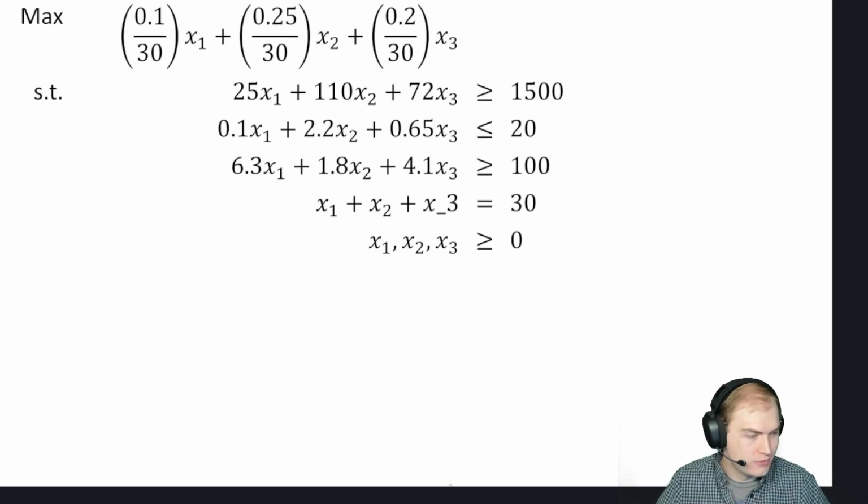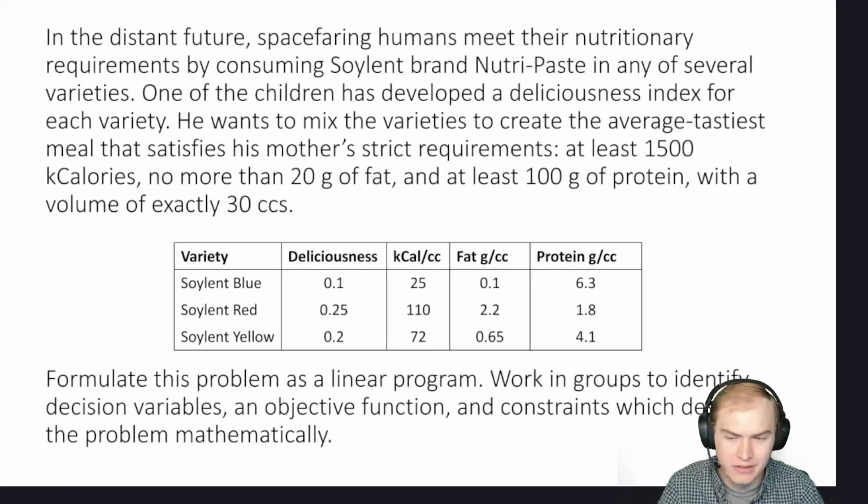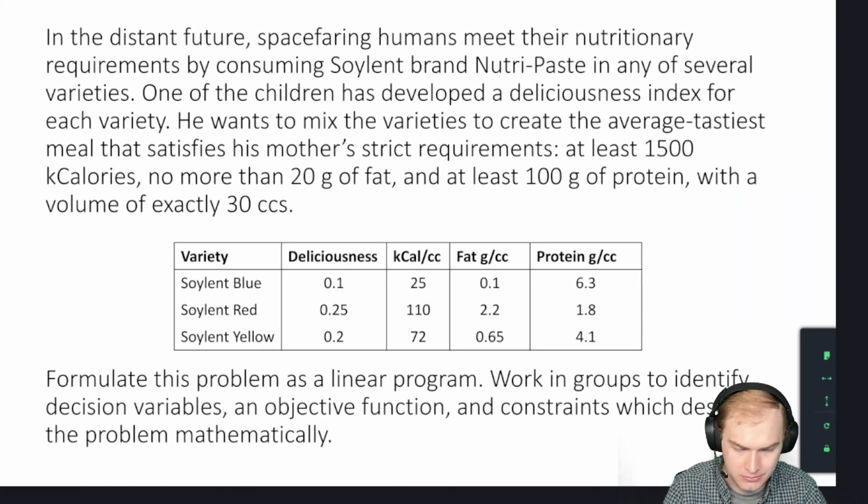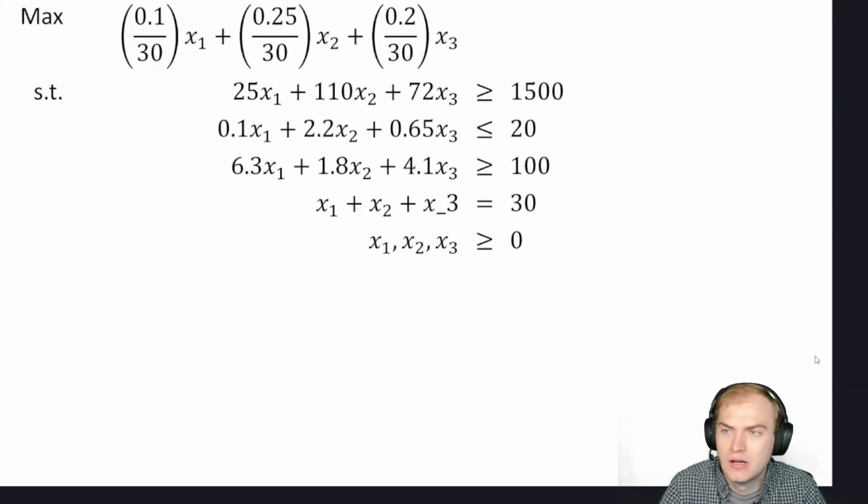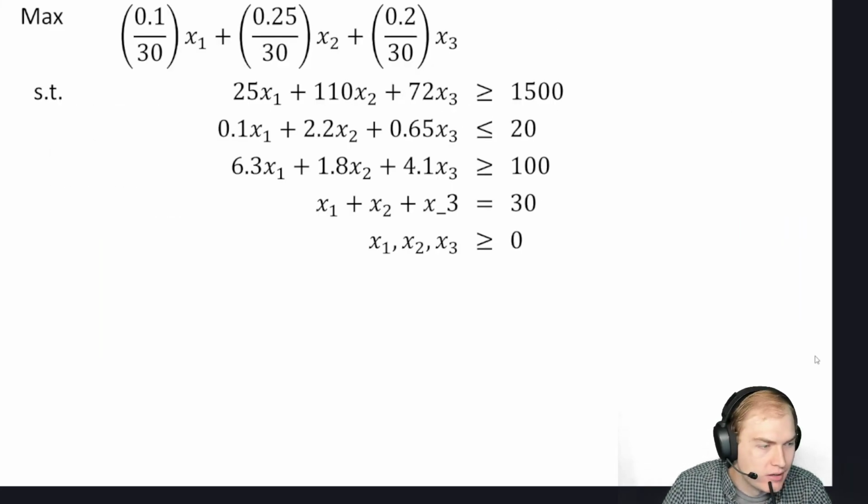So I just wanted to do the dual. For some reason this page isn't loading. There we go. This is our Soylent Green problem, our best friend in the whole wide world. And this is the LP for it.